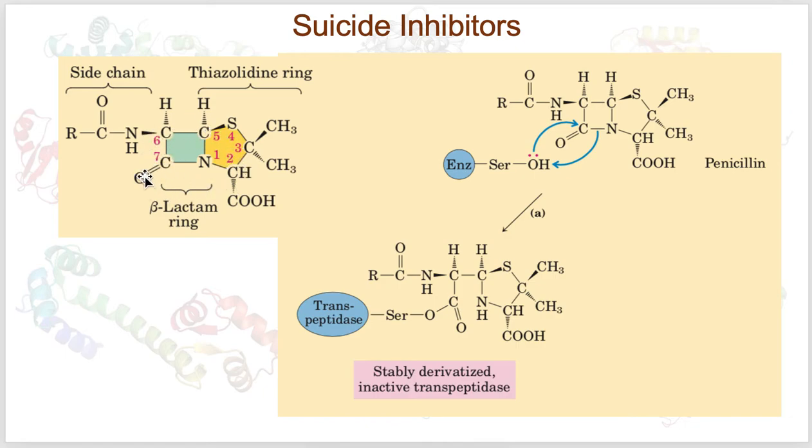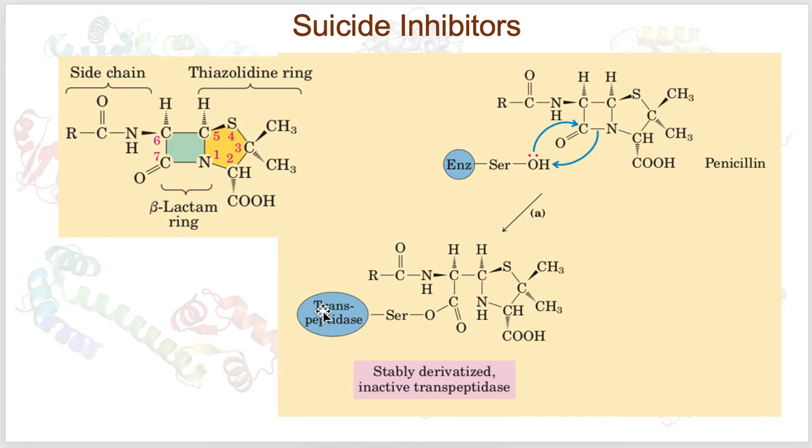To act, the beta lactam ring of this penicillin needs to be opened. This is done by the enzyme itself. The transpeptidase enzyme catalyzes or activates the penicillin by opening the beta lactam ring. Once this structure is open, it becomes reactive, and then it can inhibit the enzyme.